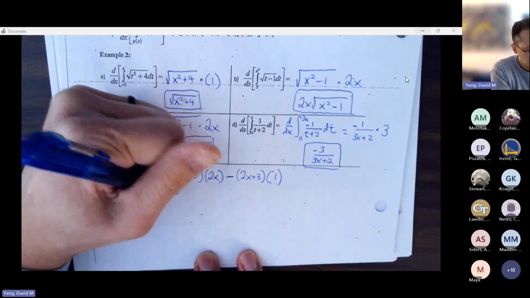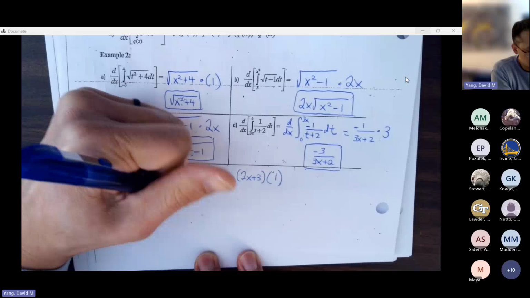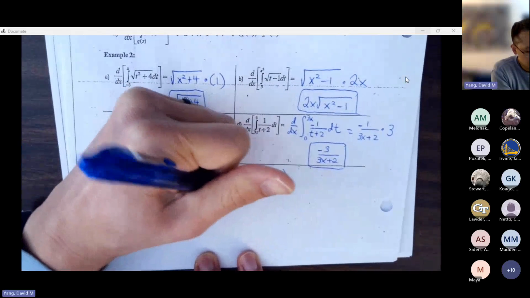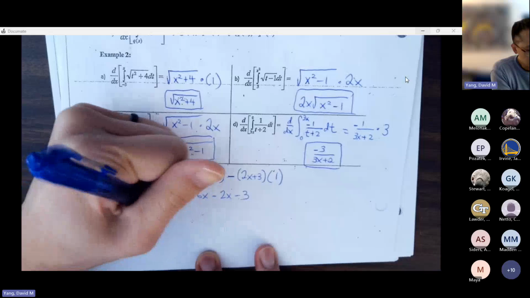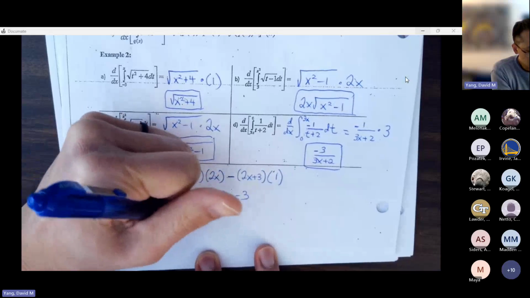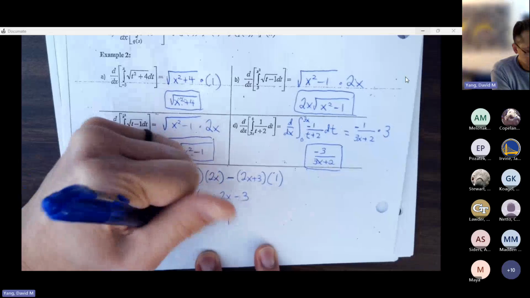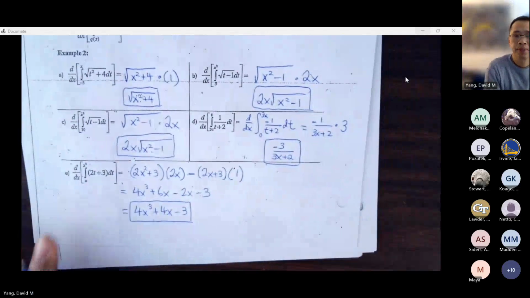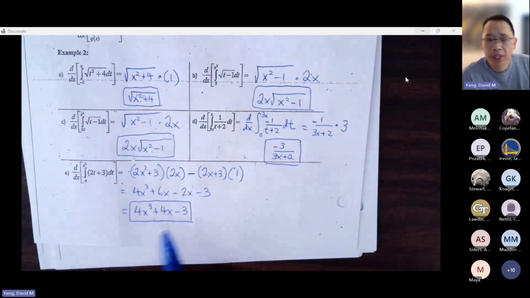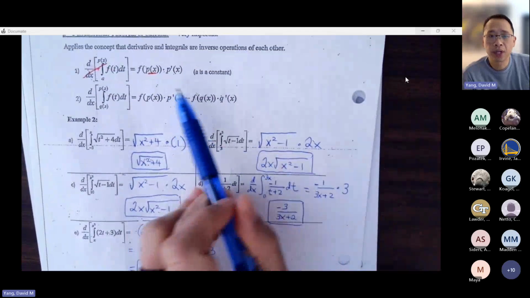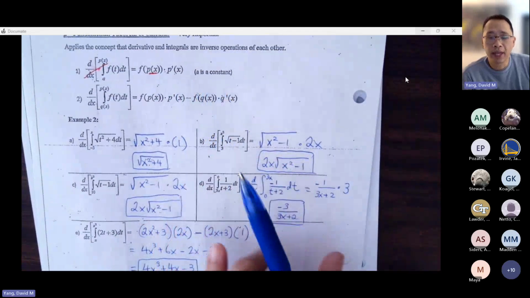I get 4x cubed plus 6x. Distribute the negative through, minus 2x minus 3, which is equal to 4x cubed plus 4x minus 3. Now, what we did here was I introduced to you the shortcut before the actual process.